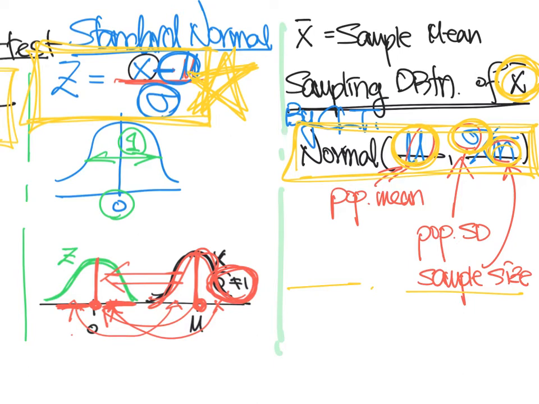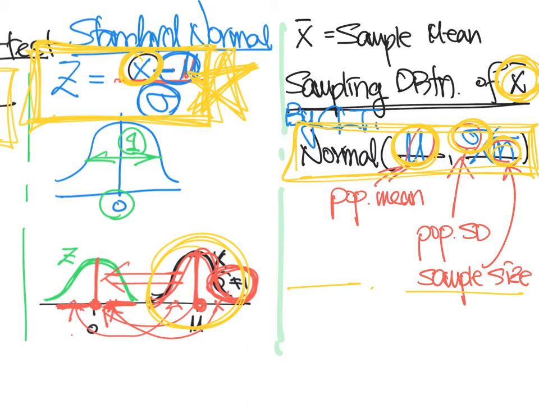Before, I told you this formula, we standardized x because x was a non-standard normal distribution. So this way, we standardized the non-standard normal distribution x. But now I want to standardize the sample mean.